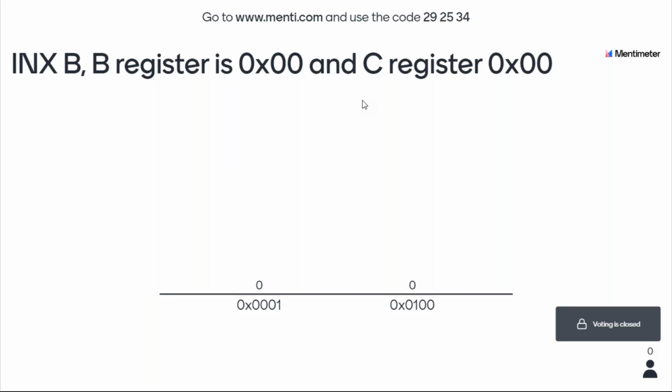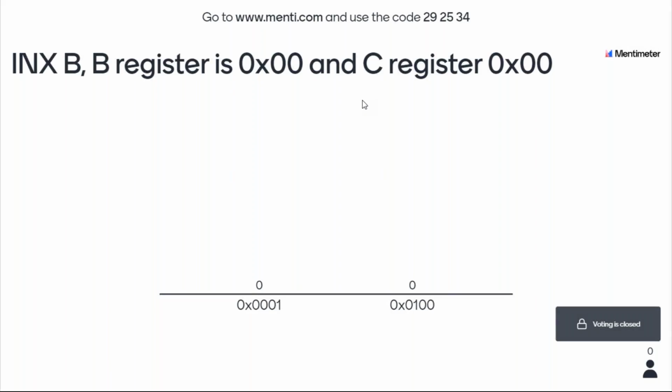Now the question is what happens when you do an increment X. X is an extended instruction, meaning that it will take B and C together as a single instance and then add one to it. So instead of just operating on B, it will take a combined register. X means extended, so it will take BC as the combined register and try to add one to it.